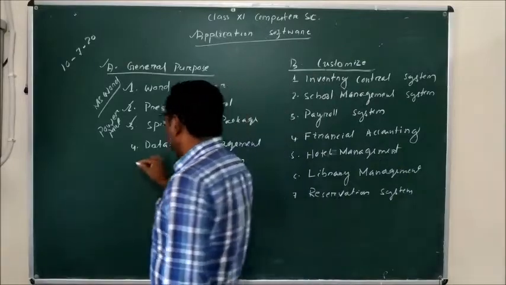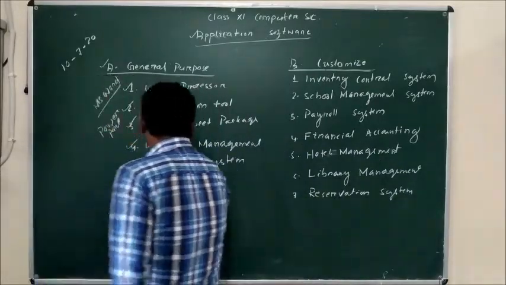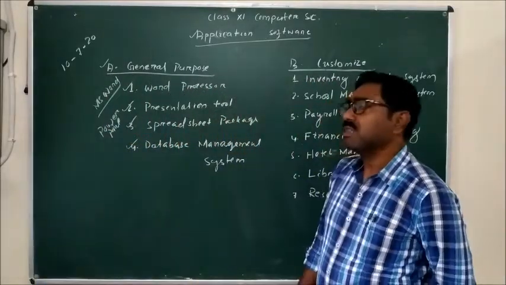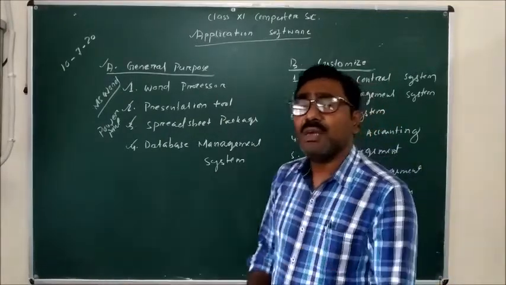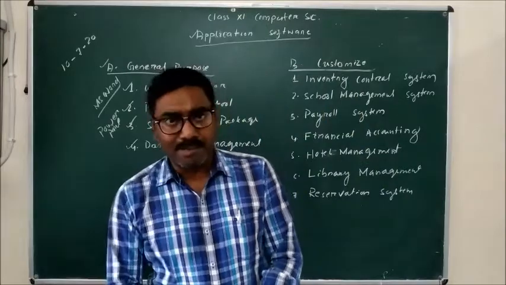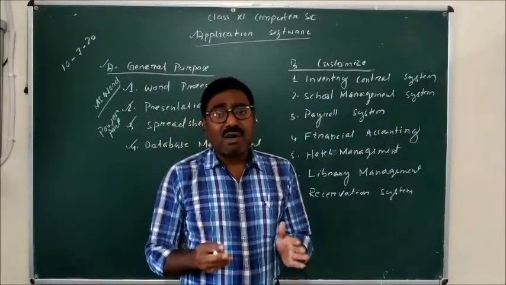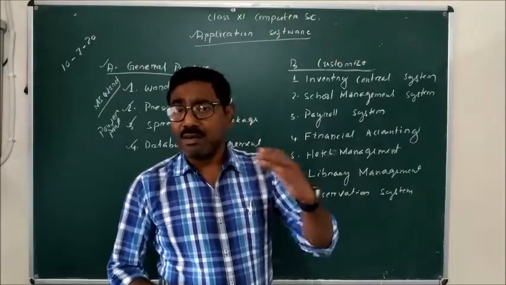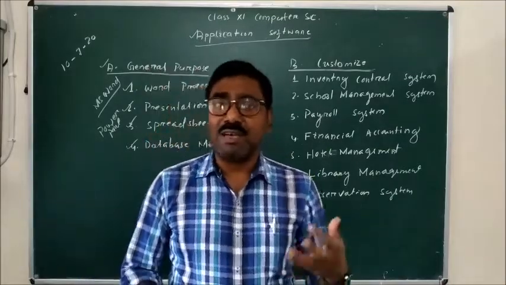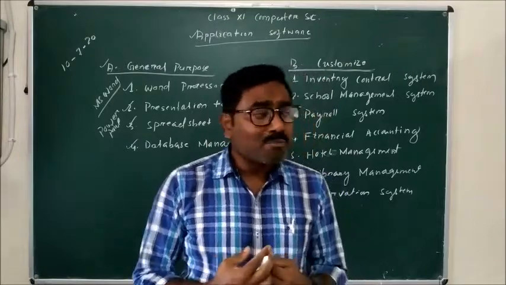The last kind of general purpose software is the database management system. A database is an organized way of storing data. Later on we'll learn about database packages and the database management system in detail.